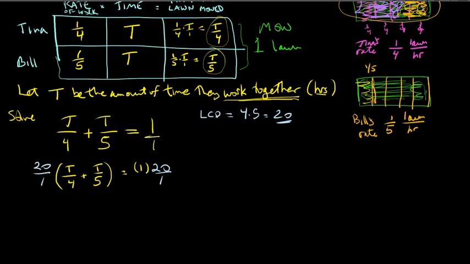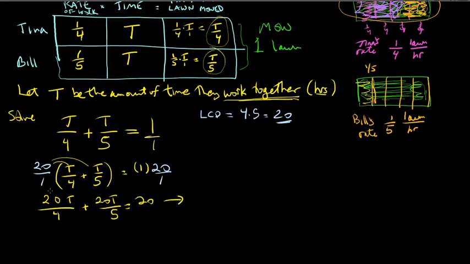Make sense? By distributing the 20, we get 20 times t divided by 1 times 4 plus 20 times t divided by 1 times 5 equals 1 times 20, which is just 20.